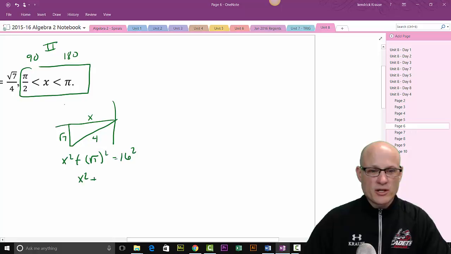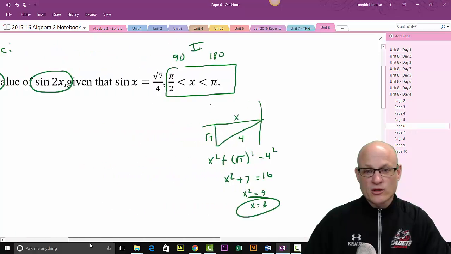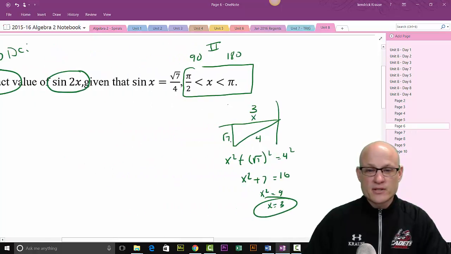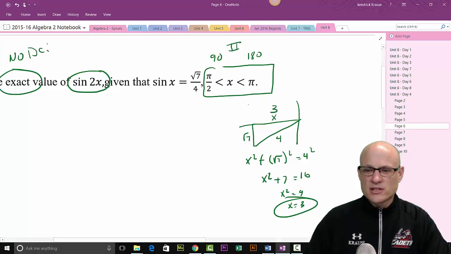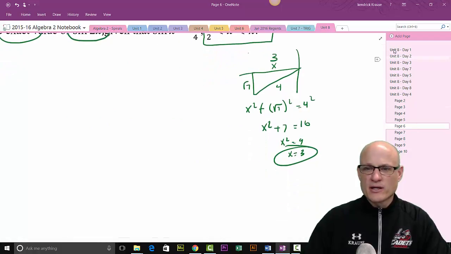X squared plus square root of 7 times square root of 7 is just 7 is equal to 16. x squared is equal to 9, so x is equal to plus or minus 3, but since we're working with sides of a triangle, this will be just 3. Let me get that up a little bit. Yeah, that's away from my head now.